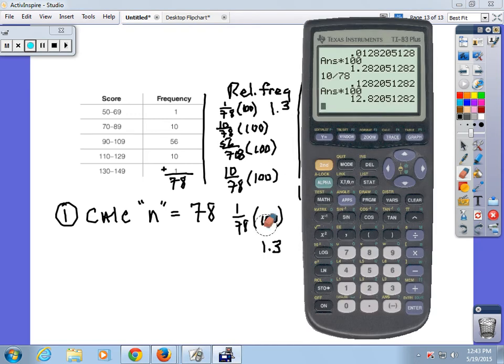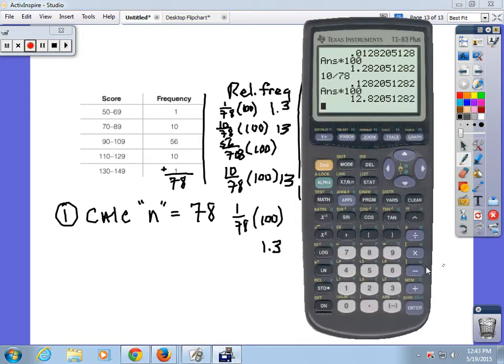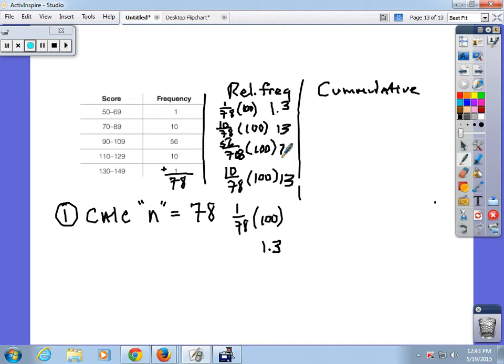And this is 12.8 or 13% right here, and this is 13% right here, and this is going to come out to be probably 64%, somewhere in there. So 56 divided by 78, yeah, 72%. So this is 72%.